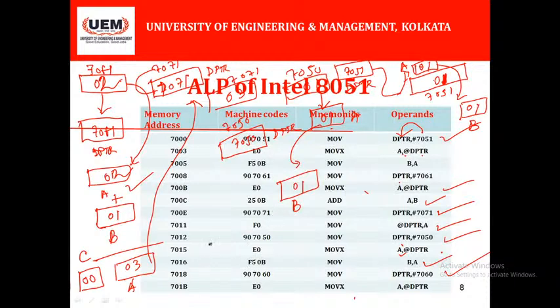So we are going to store 7060 in DPTR. First of all, the value of 7050 was transmitted to the A register, and from the A register it is transmitted to the B register, and so the B register value is 01.